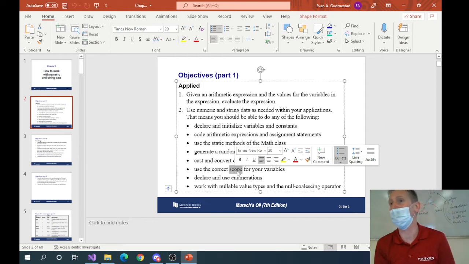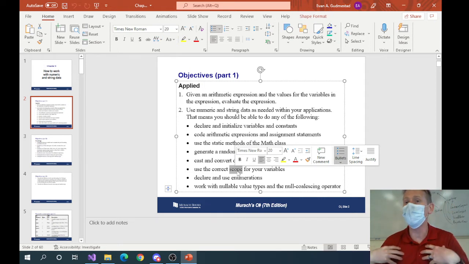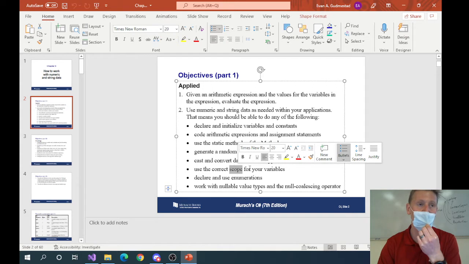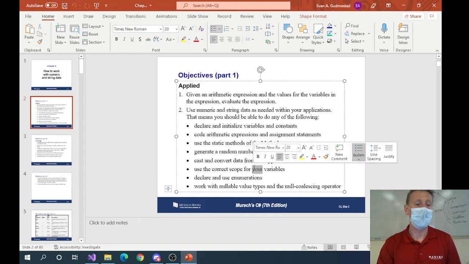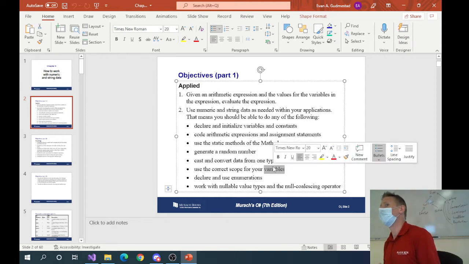And so when a variable is no longer needed, you need to discard it. It needs to go out of scope. Okay, and so scope is this concept of like, hey, a variable is no longer needed, therefore it's out. You need to have it go out of scope so that RAM can be reallocated to other applications. And if you're good at this, right, then your applications run very efficiently.